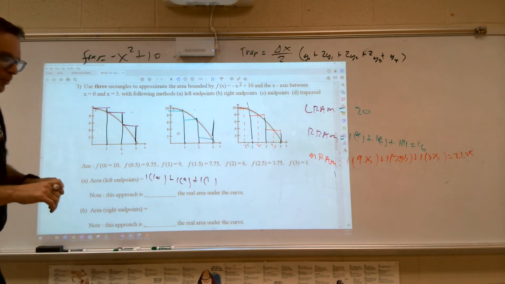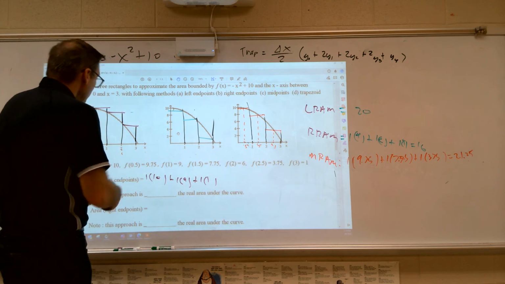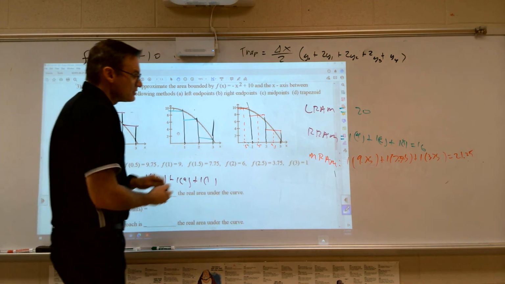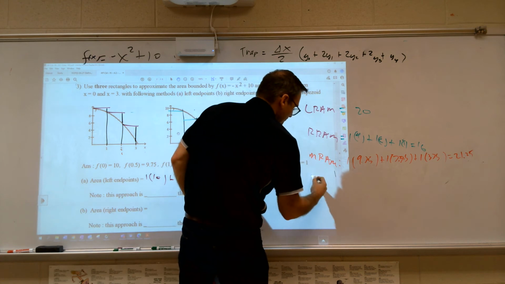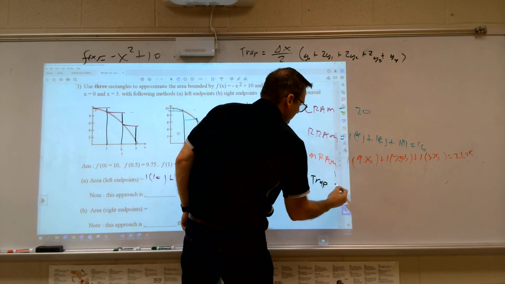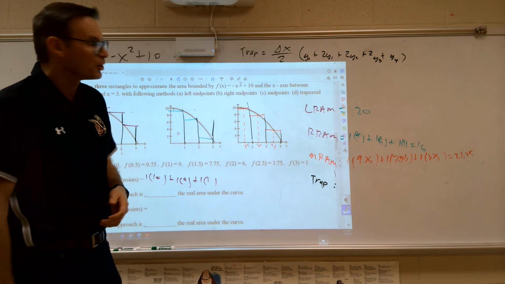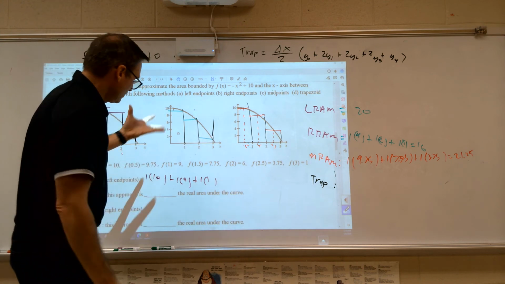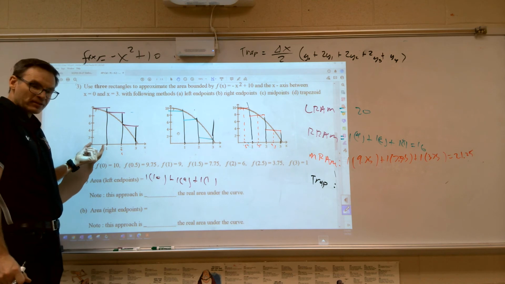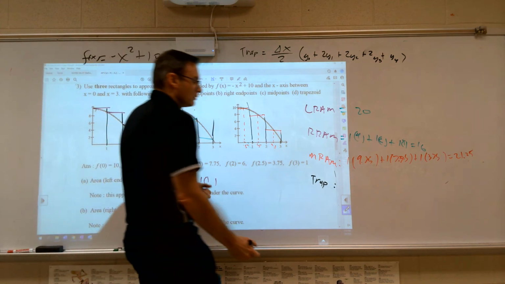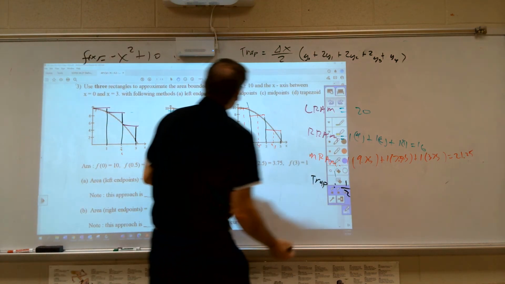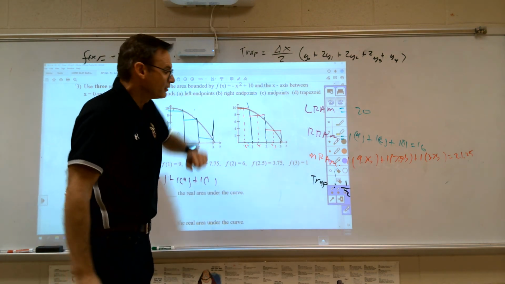And the last thing I wanted to talk about, the last one on this problem, is let's do the trapezoidal rule. As far as trapezoidal rule goes, you take the width of your rectangle, which in this case is 1, divided by 2, because that's our formula.